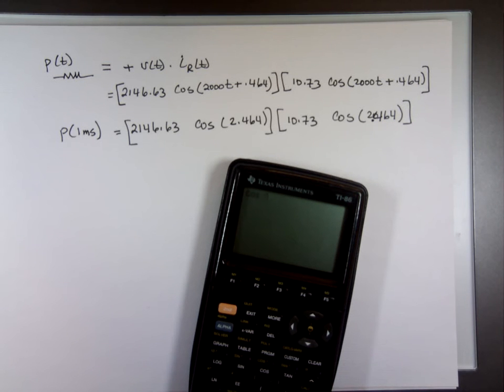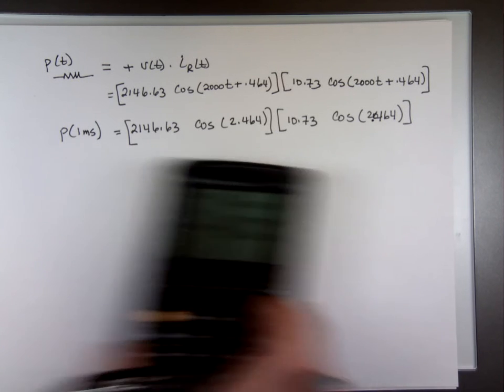Cosine 2.464, square that number, and multiply it by 2146.63 times 10.73, and it shows up 13,980.